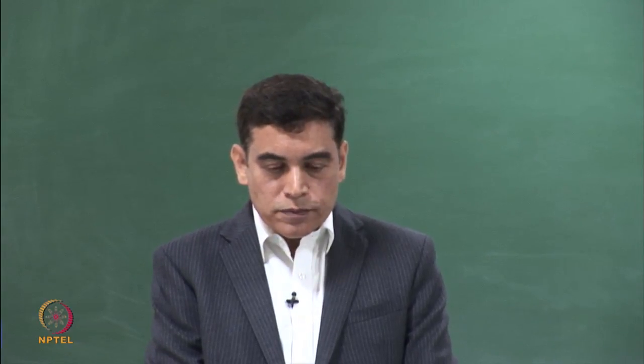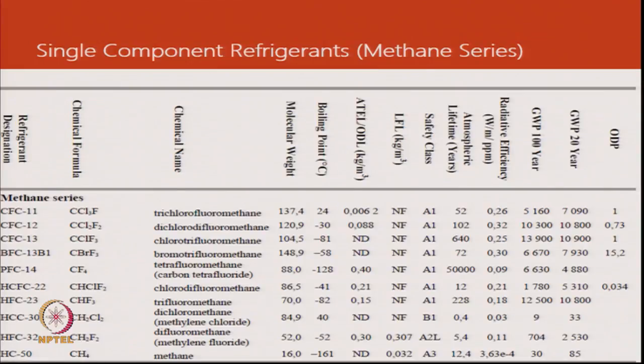Now we will go through some of the properties of refrigerants, and the whole idea is for you to become aware of, for example, their chemical formulation and things like boiling point. All the parameters that we were discussing in the beginning when we were going to choose a refrigerant are presented here.